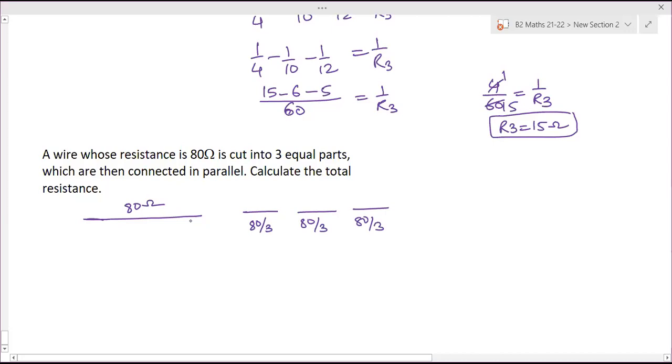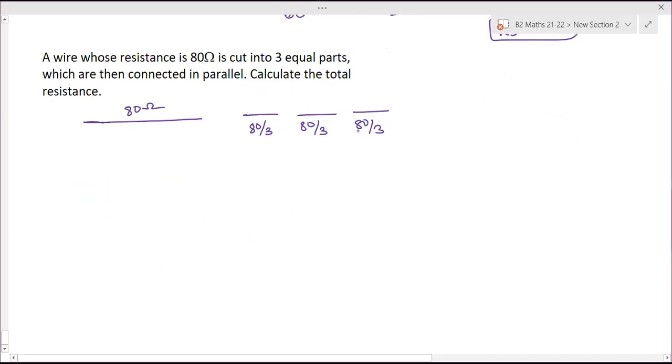Resistance and length are directly proportional. So length is 1/3, so resistance will also be 1/3. Clear? Yes, ma'am. Then these 3 wires are connected in parallel. So total resistance 1 by R is equal to 1 by. Ma'am, but how will the total resistance change?